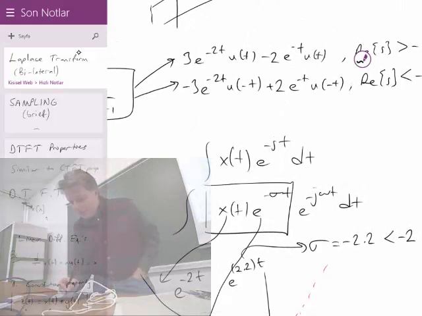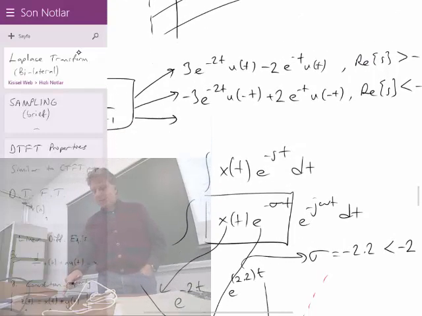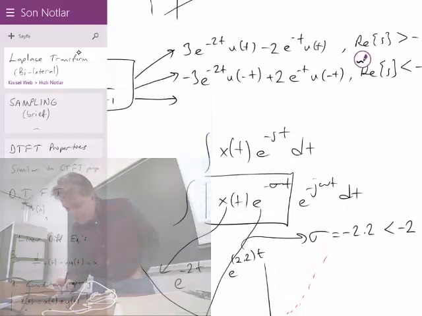Now, let's think of the third possibility. And that possibility is to the right of minus 2 and to the left of minus 1. To the right of minus 2 means 3e to the minus 2t u of t plus 2e to the minus t u of minus t.